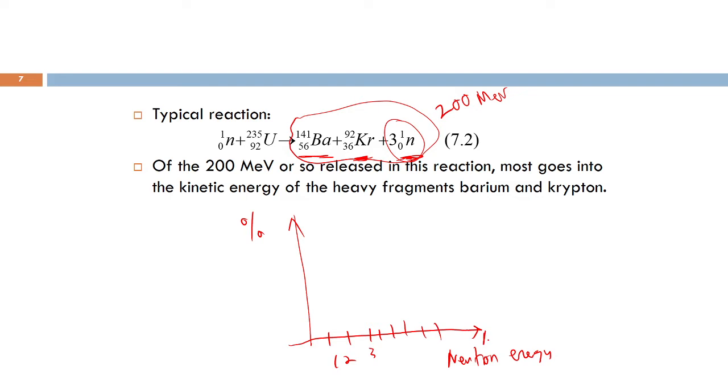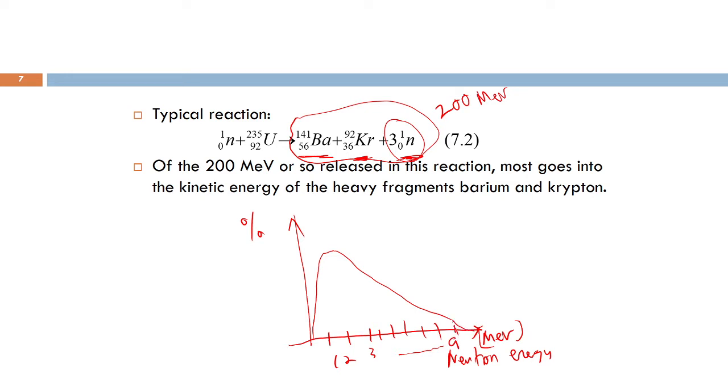The dominant energy of the neutron is about 1 to 2 mega electron volts, going up until 9.